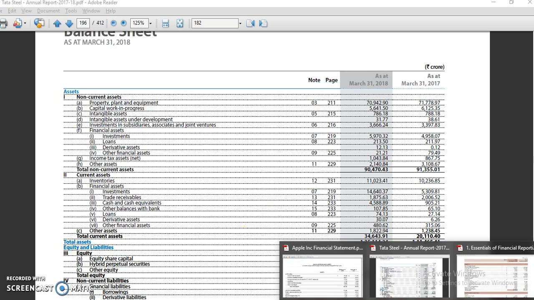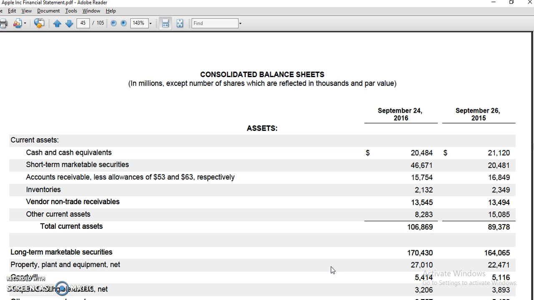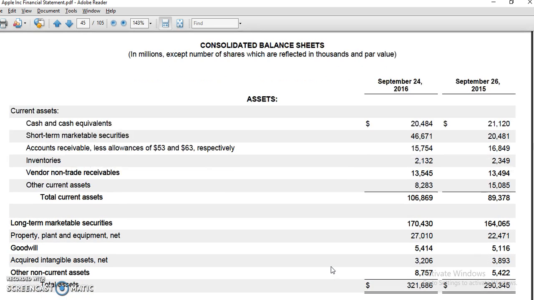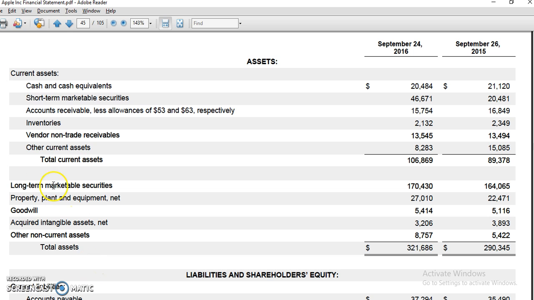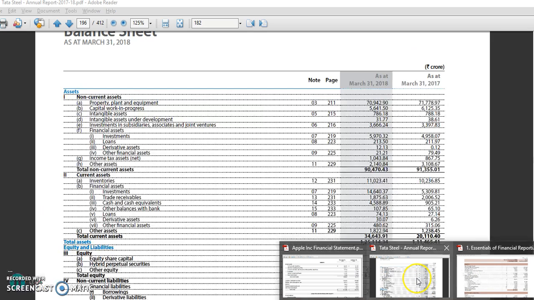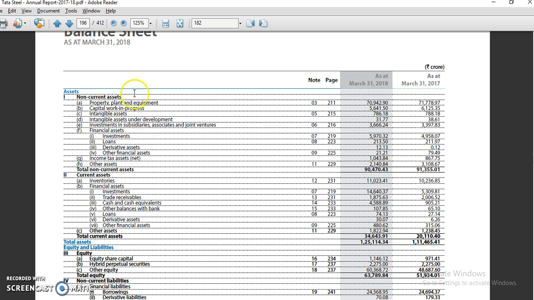Now the next one which we are looking at is the balance sheet of Apple. Now this one has a different format. As you can see, they are showing current assets first, and then the long-term assets and plant and machineries, while in this balance sheet they are showing non-current assets and then current assets, dividing into financial and non-financial.